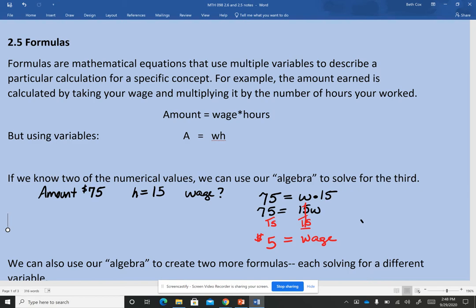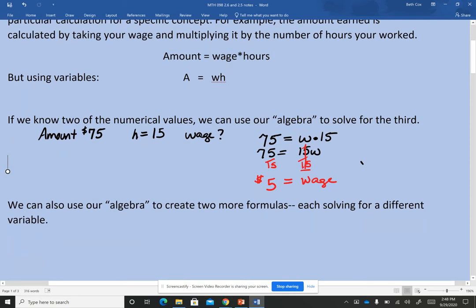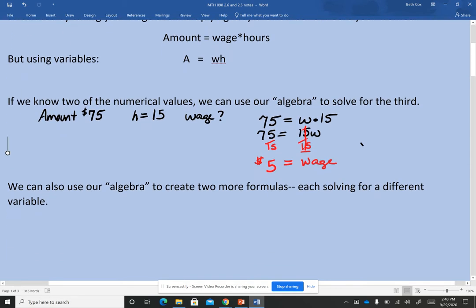Okay, but now we can also use our algebra to create two more formulas, and this is what we're going to be doing in this part of chapter 2.5. The last part we did problems like the one above, but the second part we're focusing in on just the formula itself and creating other formulas.